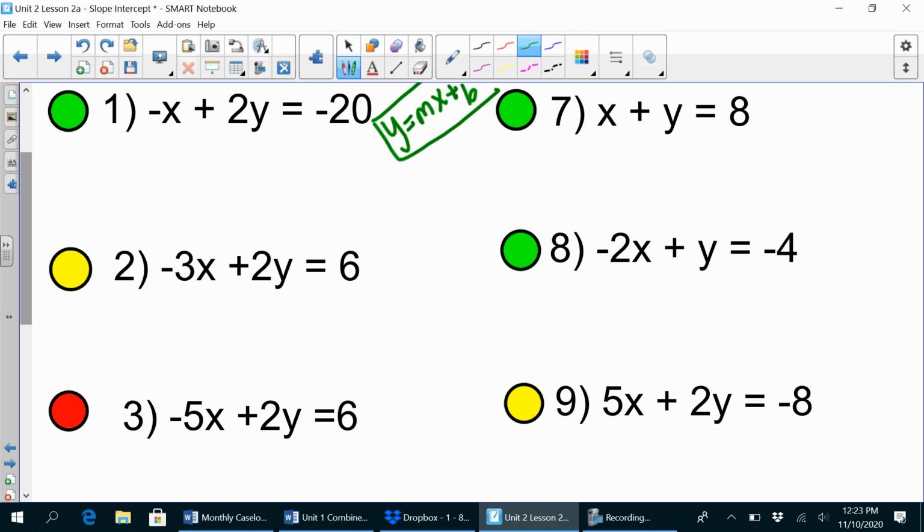We know that when there's no number in front of the variable, we assume it to be a 1. So I'm going to add x to both sides. These will cancel, leaving me with 2y equals, and now remember, we said it might be easiest to rewrite this.